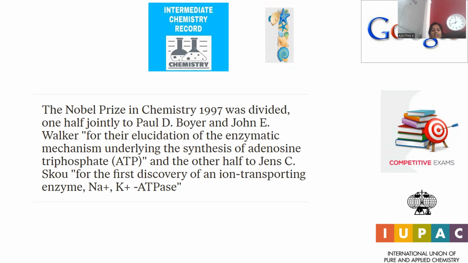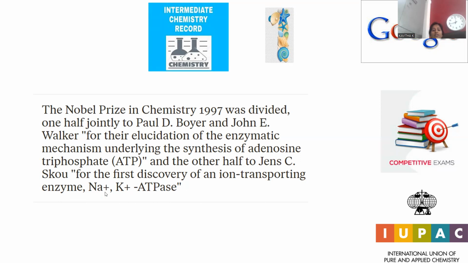The entire underlying mechanism of its synthesis was evaluated and explored by the scientists together, so that it is recorded. Another scientist also worked on a similar biological activity, the ion transporting enzyme sodium potassium ATPase.